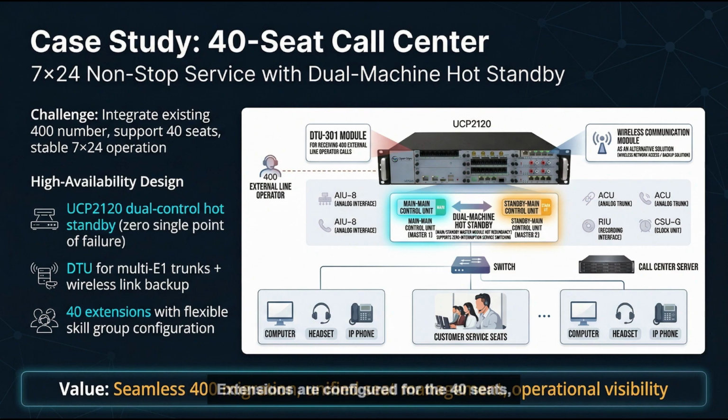Extensions are configured for the 40 seats, with flexible skill group configuration to match call center operations. The resulting value is a smooth migration of the 400 number, unified seat management, and better operational visibility, while meeting the core requirement of 7/24 availability.